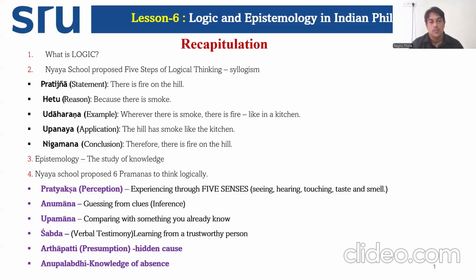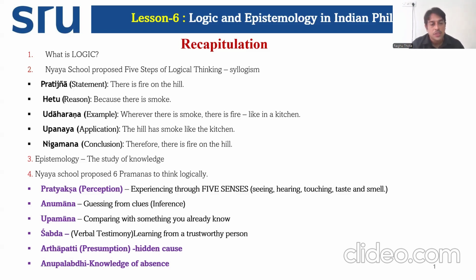And the third one, epistemology. What is epistemology? The study of knowledge: how knowledge can be acquired, where knowledge is preserved. The Nyaya school also proposed 6 pramanas of logical thinking, which are 6 different ways to come to the right conclusion: pratyaksha, anumana, upamana, sabda, arthapatti, anupalabdhi.